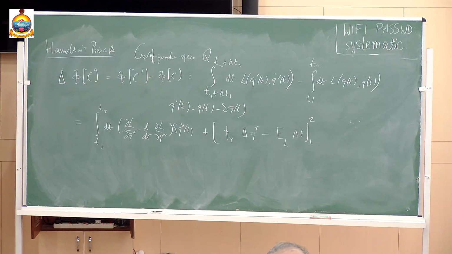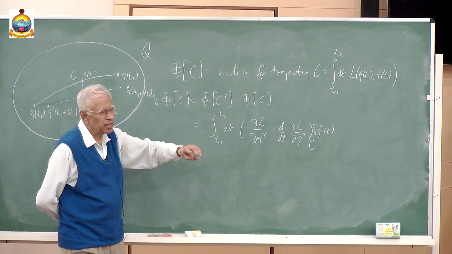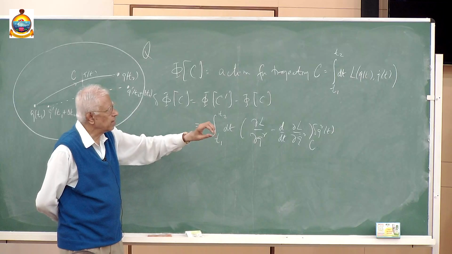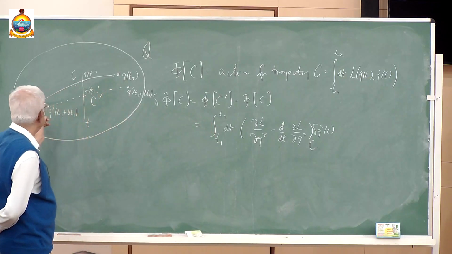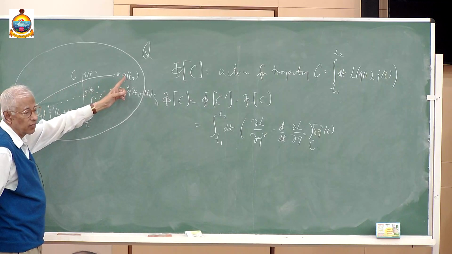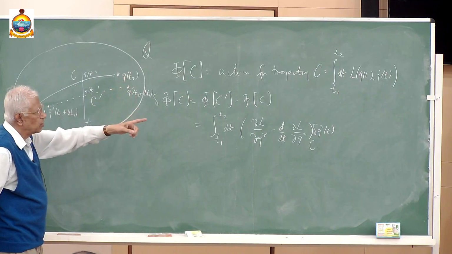Now what happens with this extended Hamilton principle is that you have this term as before, and then you have what are called endpoint contributions. There is a piece coming from the initial point of the curve, there is a piece coming from the final point of the curve.